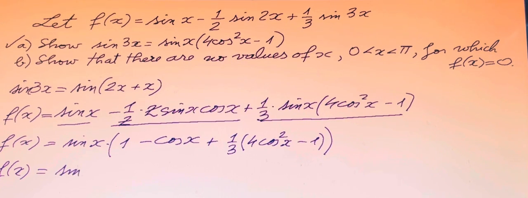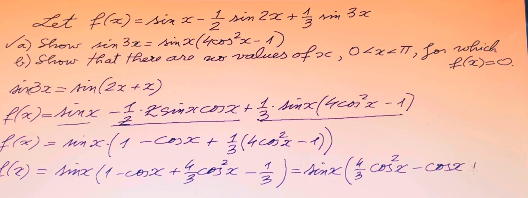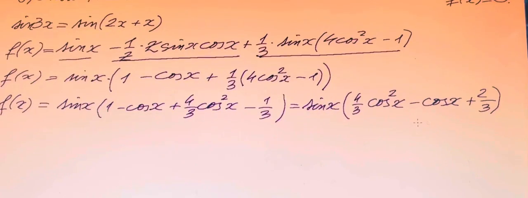So f is sin x (1 minus cos x plus 4/3 cos squared x minus 1/3), which is, when rearranging the terms inside the bracket, sin x (4/3 cos squared x minus cos x plus 2/3). In this moment, we can do the analysis.